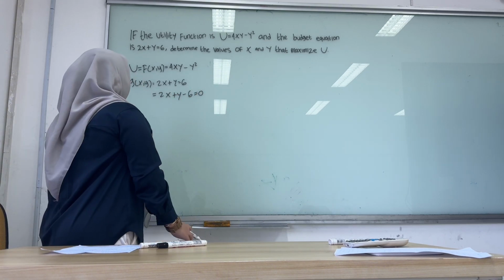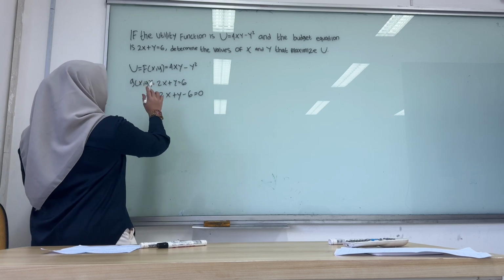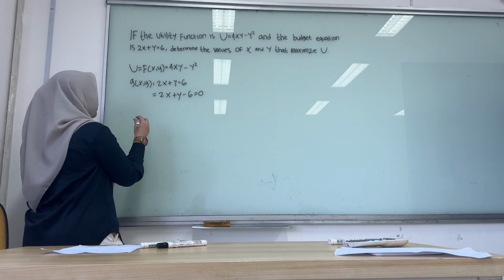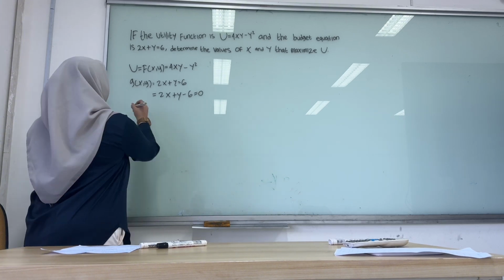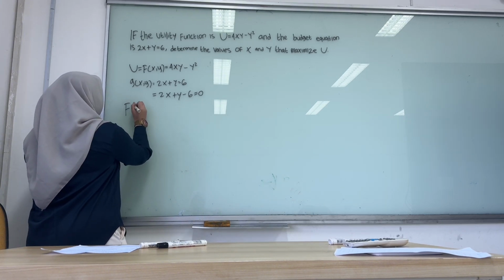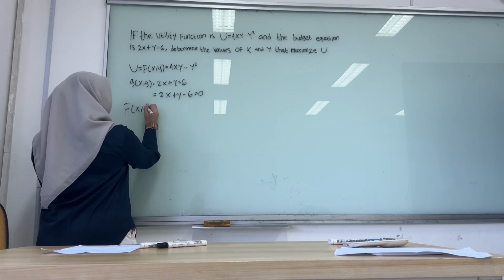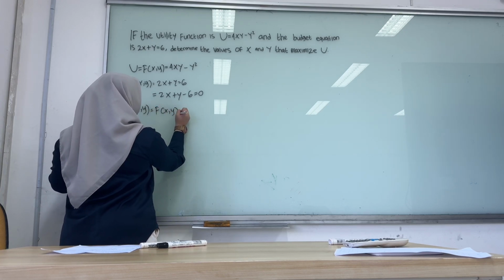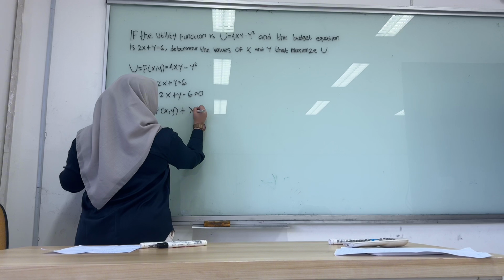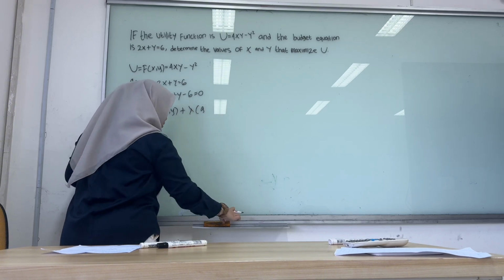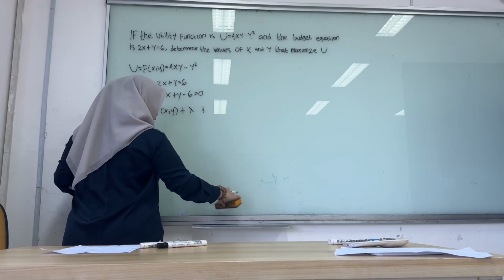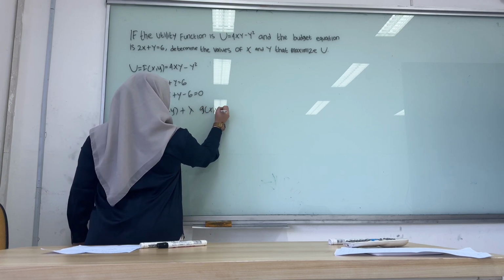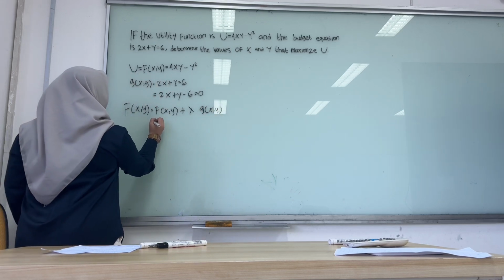And then, because we have f(x,y) and g(x,y), we need to put this into this formula. Capital F(x,y) equals f(x,y) plus lambda g(x,y).